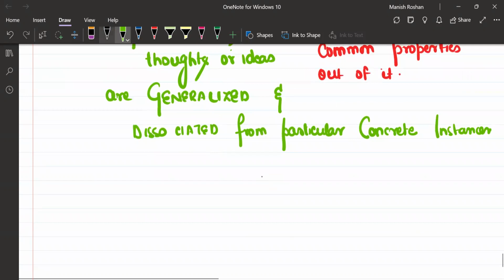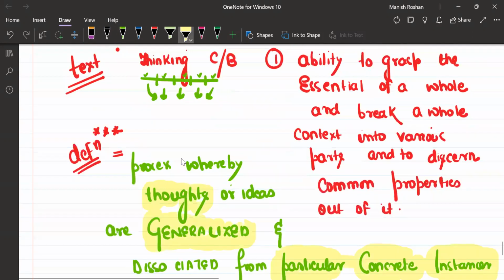So here also the important terms are generalization of thoughts from particular concrete instances. So these are the three key terms that you have to remember while defining abstraction.